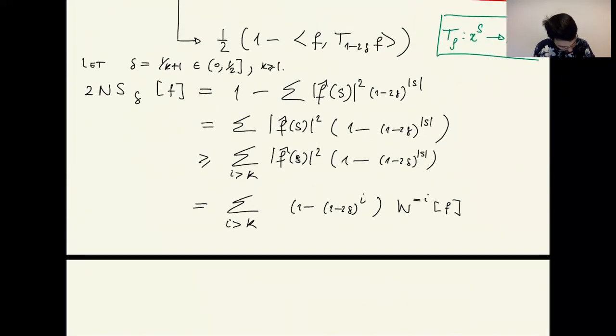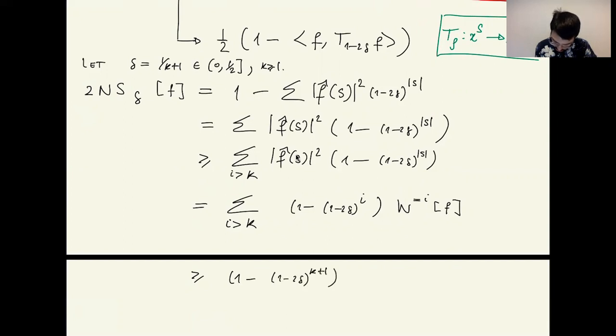Now what you have to do is just simply take the largest. So if I replace this guy by K, I even get a lower bound. So then I get 1 minus 2 delta, well, K plus 1.